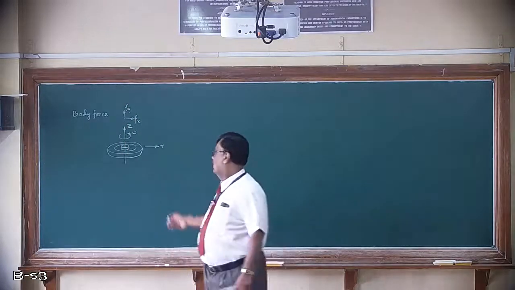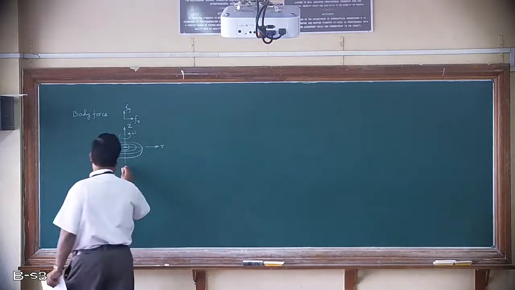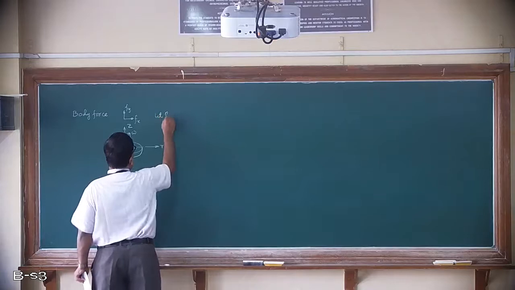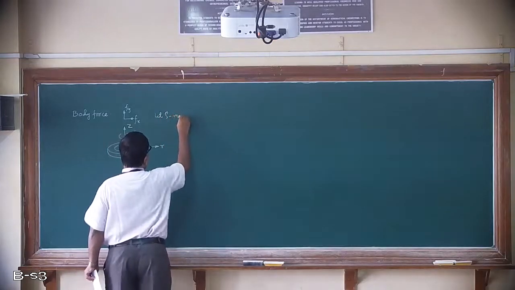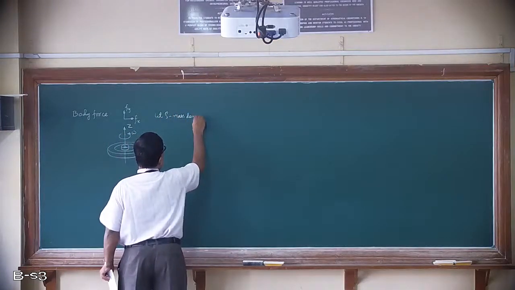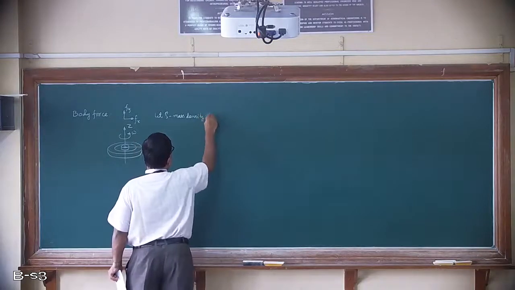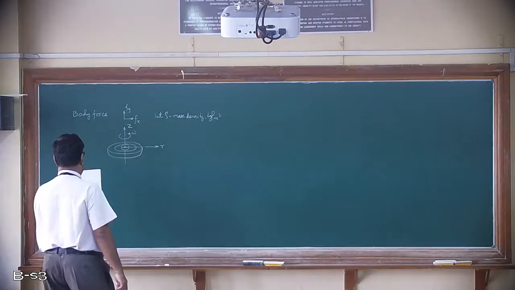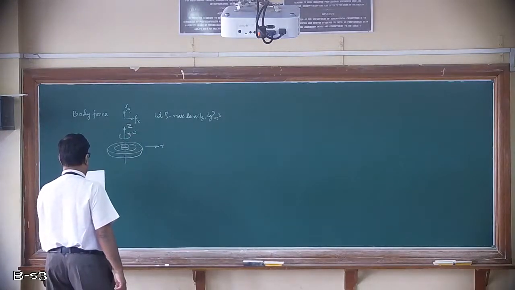In the present case, let rho be the mass density in kg per meter cube, that is, mass per unit volume.